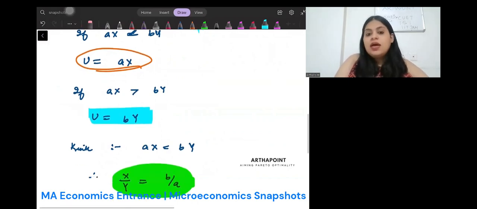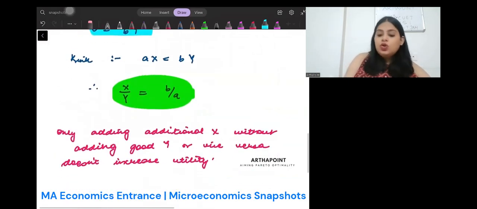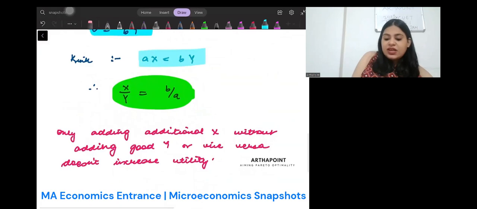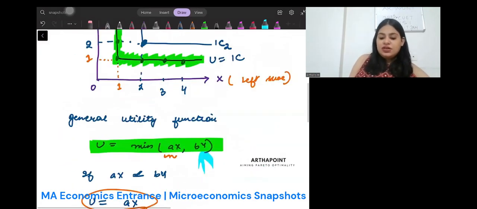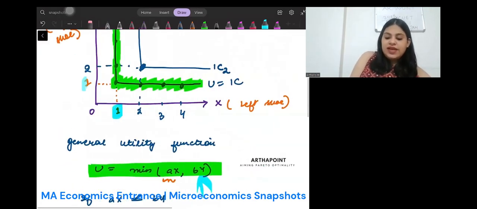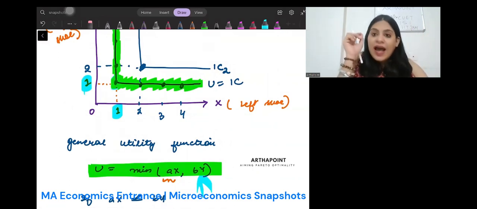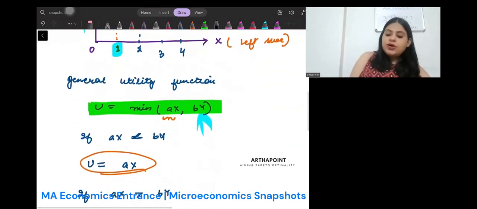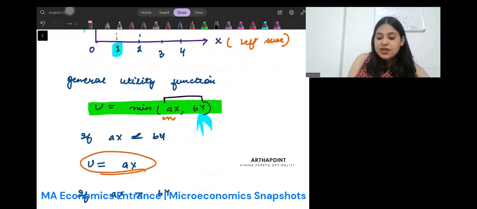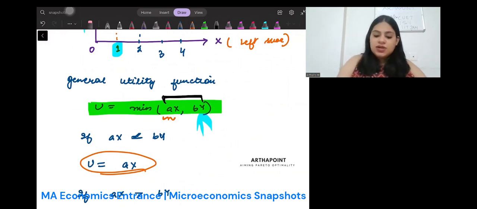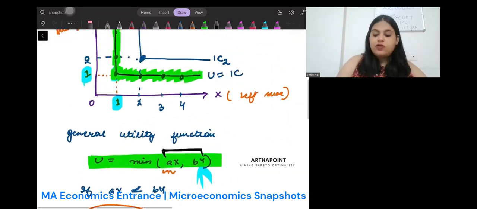Now, at this kink, note that at every kink, we are having x-axis equal to y-axis. The proportion is the same. So at this kink, basically what we are doing is, whatever is coming inside the min, we are equating that. That is the point of the kink, right?